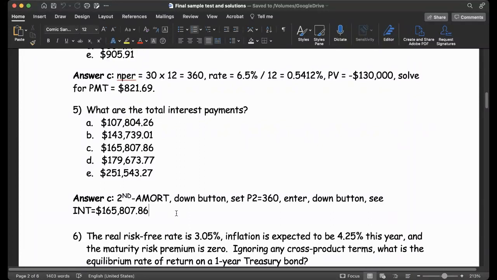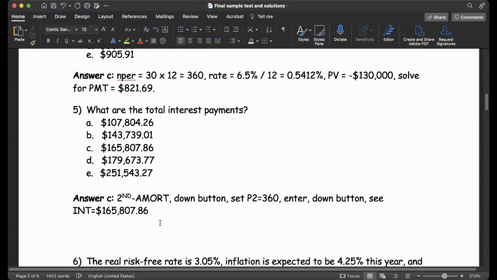Another way to solve this question is that you know that you're paying 821.69 for each month. So after 360 months, your total payments over 360 months are 821.69 multiplied by 360.